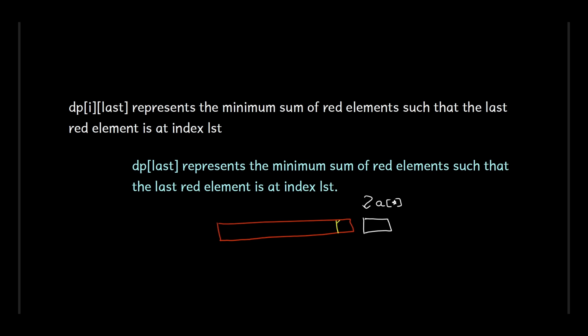This last barrier could be here, or it could be here. You have lost the information, right? So you have to try all possibilities of the last barrier. The last barrier could be here, last barrier could be here, and so on. So the last barrier could be any index on the left hand side. This index, this index, this index, this index, and so on.